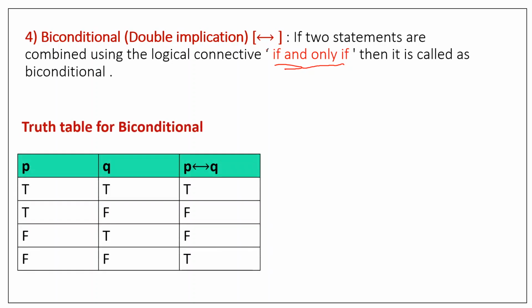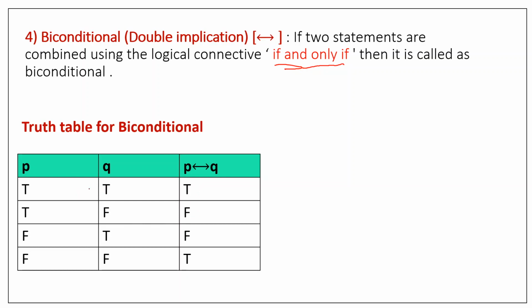Again we take P as the first column and Q as the second column. Write P as T, T, F, F and Q as T, F, T, F. How to remember in biconditional: when the truth values of P and Q are the same, then it is true. Otherwise it is false.